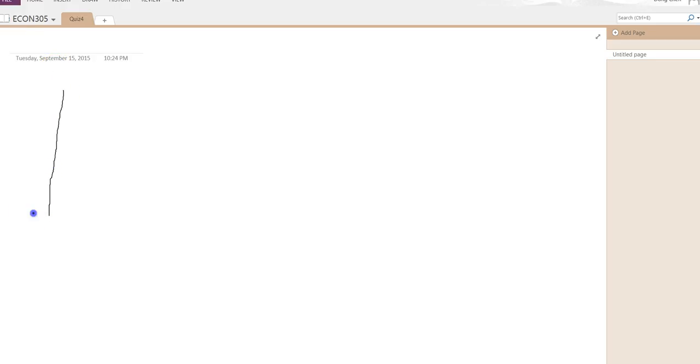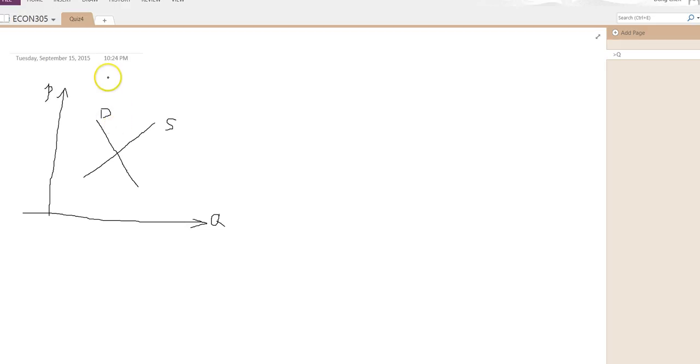So bear with me for my not so beautiful drawing because I'm just using my mouse for a very quick drawing. The vertical axis is the price, and obviously the demand curve should be downward sloping, and the supply curve should be upward sloping. So this is the supply and this is demand.